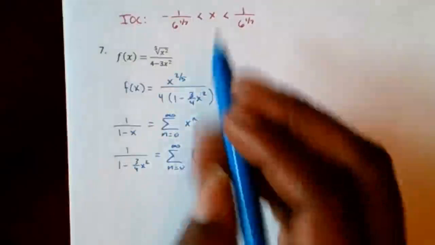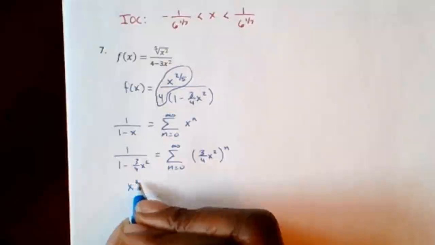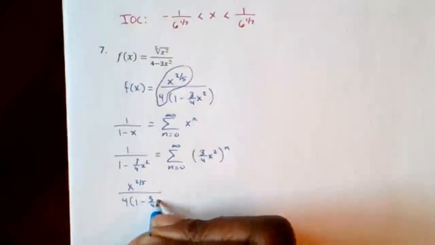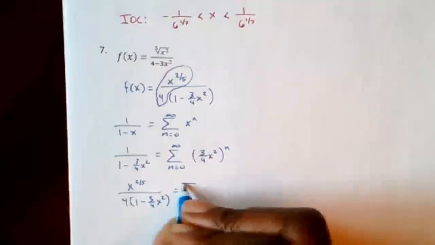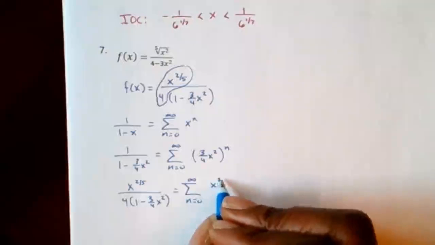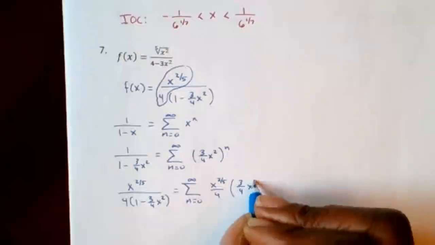And then I know I'm going to need to multiply it by this x to the 2/5 over 4. So I get x to the 2/5 over 4, 1 minus 3/4 x squared, which is the sum n equals 0 to infinity. Again, all I did was multiply by x to the 2/5 over 4, and then I leave everything else alone.